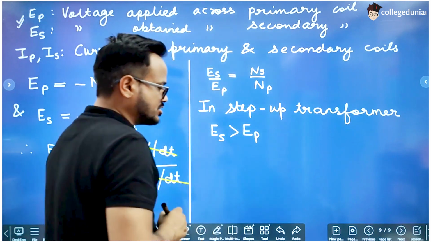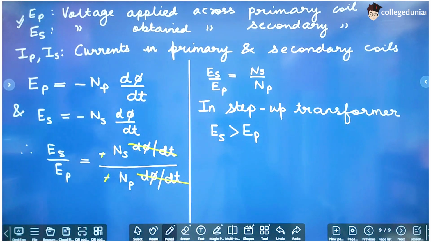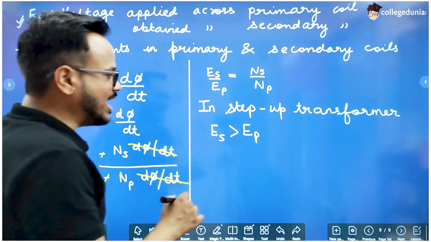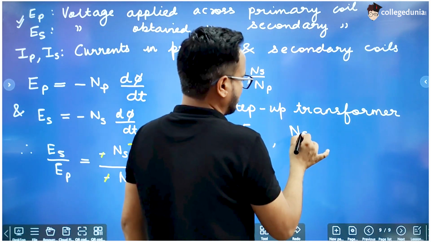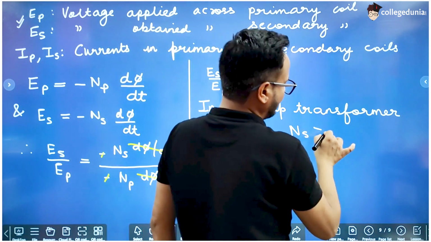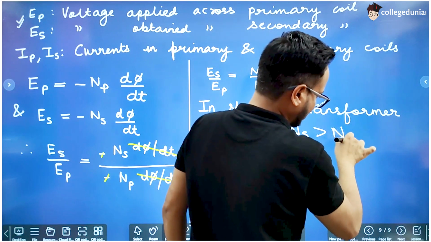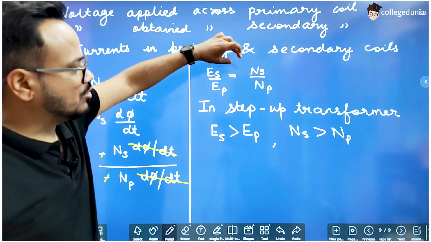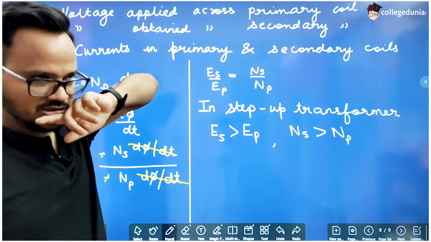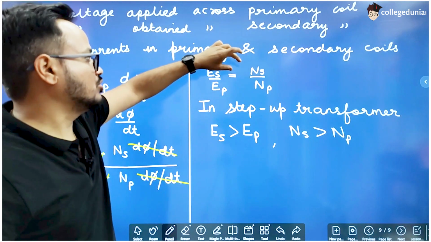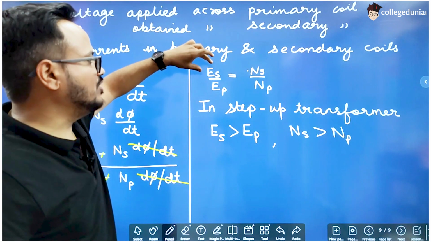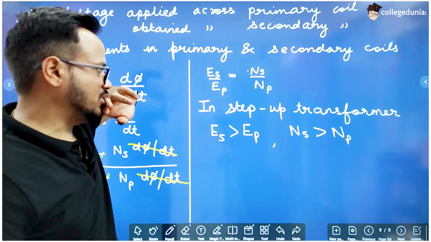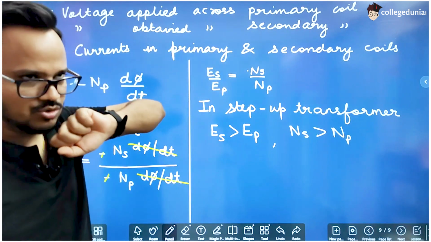Voltage across secondary should be more than the voltage across primary, and this can be simply achieved by keeping NS greater than NP, right? If the numerator of this is more than the denominator, then obviously the numerator of this will be more than the denominator of this, because these two ratios are equal.